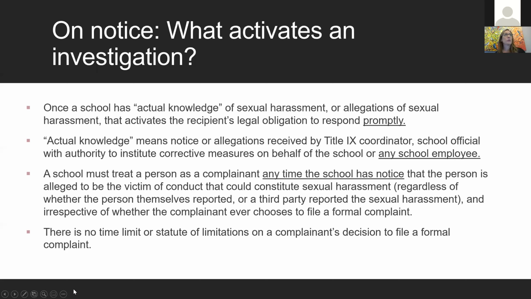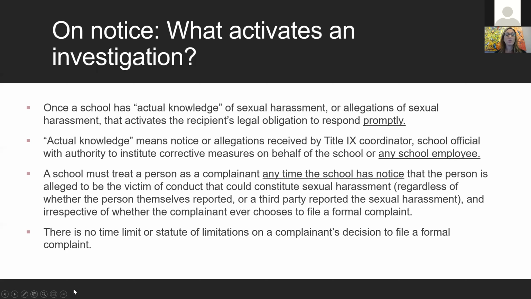So if an employee has actual knowledge and they don't report it, that's acting in deliberate indifference. And that's really the sticking point for allegations of breaking your grievance procedures. So really training your employees that if you are told that there is any form of sexual harassment, please report it to me, and then you need to involve the Title IX coordinator.